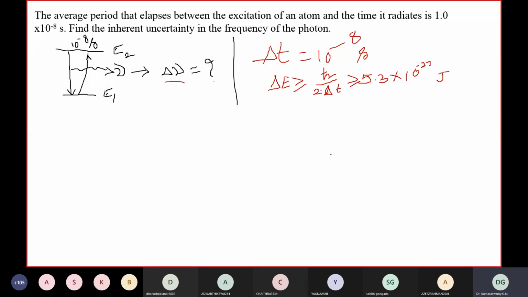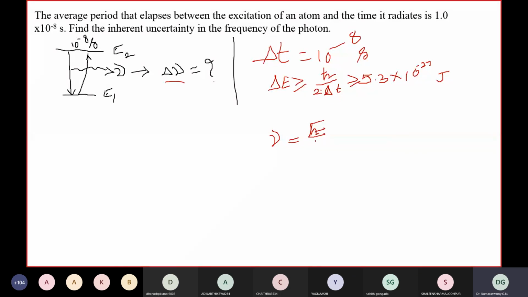What is the relation between nu and energy? Nu is equal to E by h.